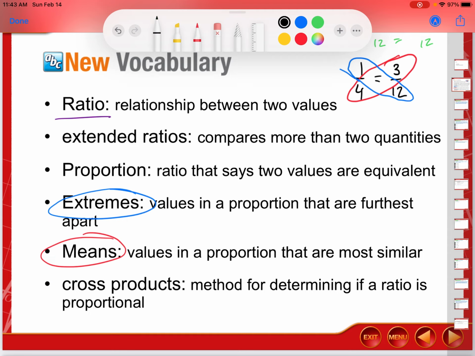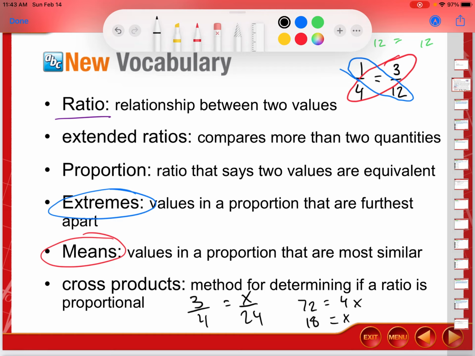The other spot we would often see this used would be like 3/4 equals x over 24, where we would cross multiply to solve this. We would do 3 times 24, which is 72, equals 4x, and we would find out that x equals 18 by solving that.